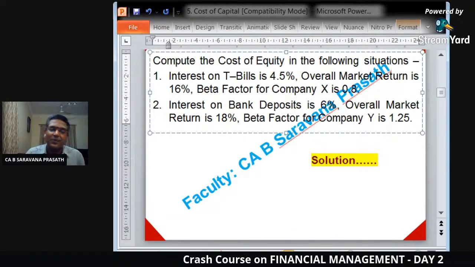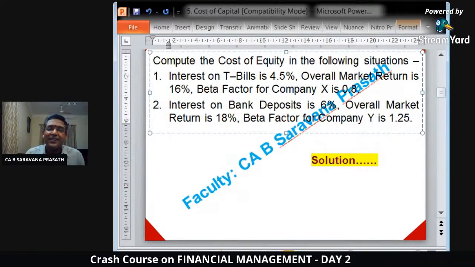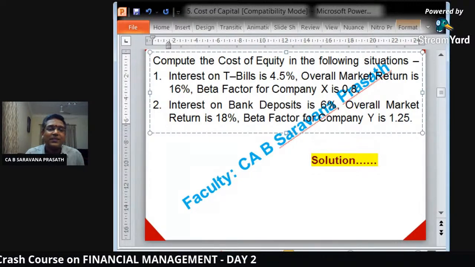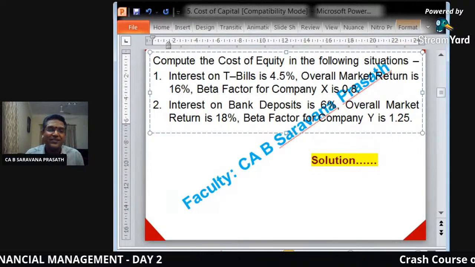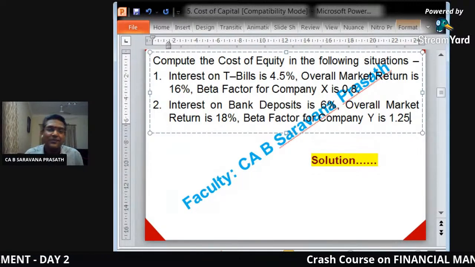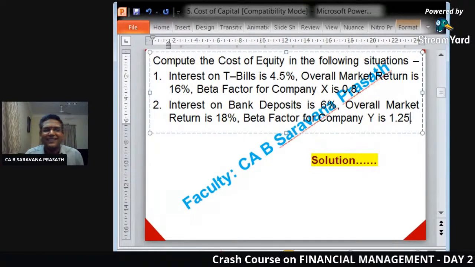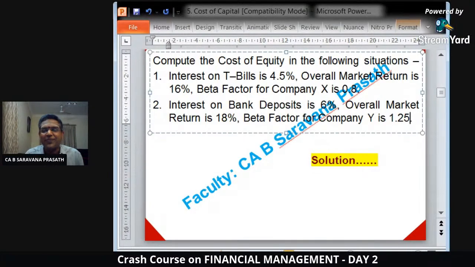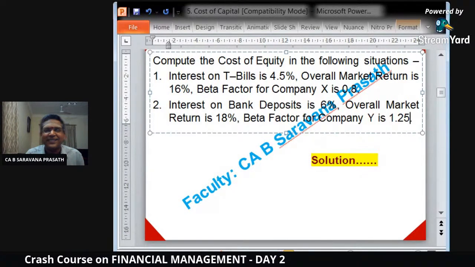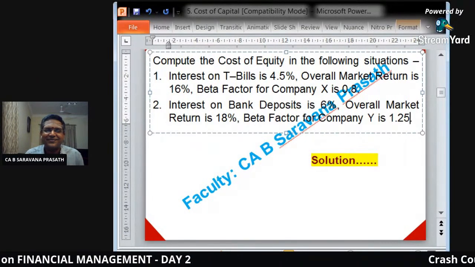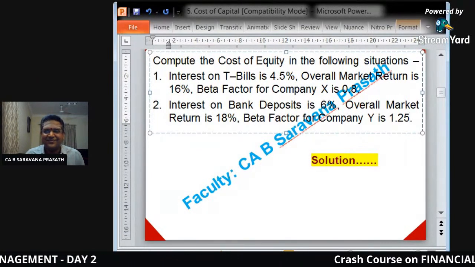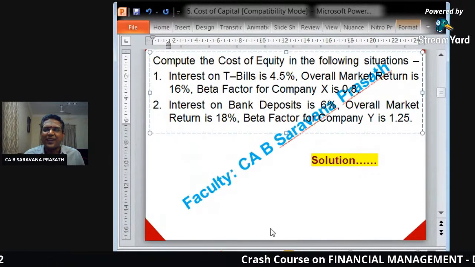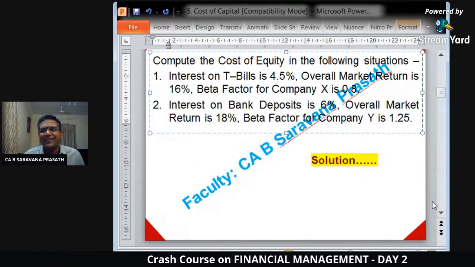For the second company, the computation will be 6% plus 1.25 times 18 minus 6. So your calculation should look something like this.